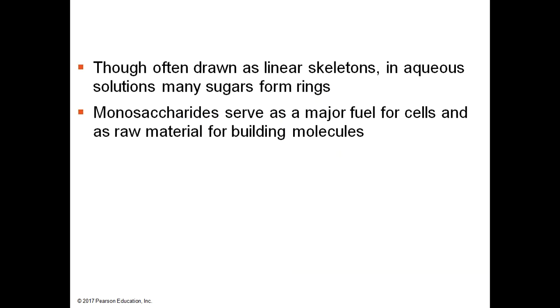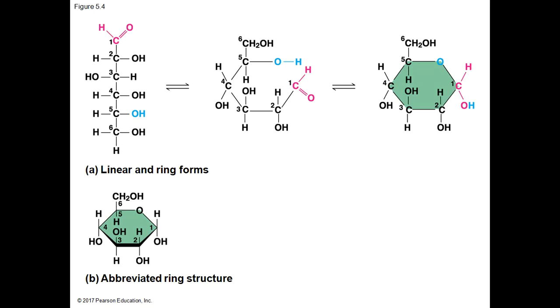Though often drawn as linear skeletons, if you take one of these carbon chains and throw it into an aqueous solution, many sugars will form rings. Monosaccharides serve as a major fuel for cells and as raw materials for building molecules. So here's an example. You've got on the left side a 6-carbon, so that's a hexose. You've got the double bonded oxygen on the end.